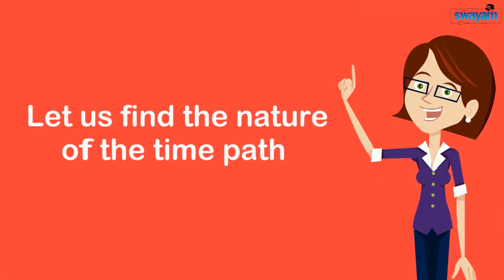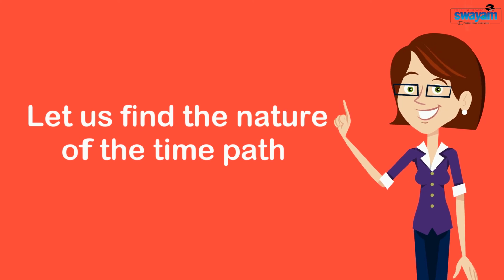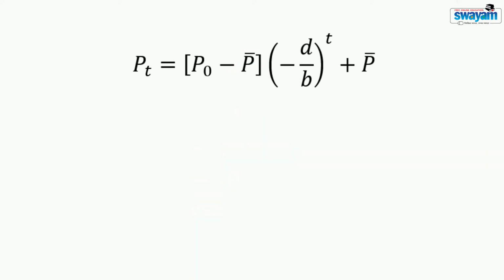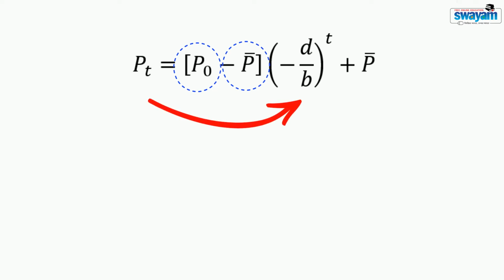Let us now try to find the nature of this time path. We know that P_0 is the initial price, P bar is the intertemporal equilibrium, and P_t will depend on the term d by b. This is the ratio of the slopes of the supply and demand curves.